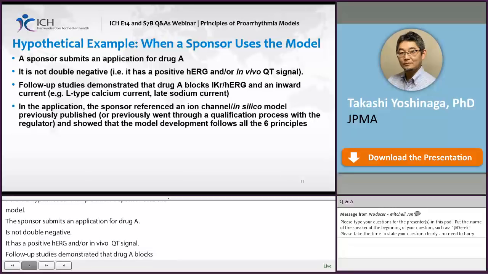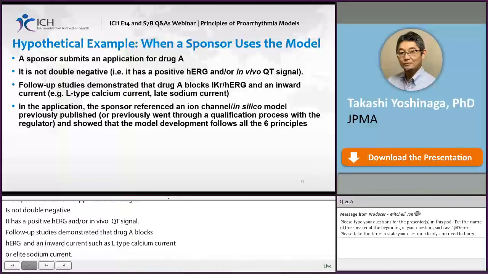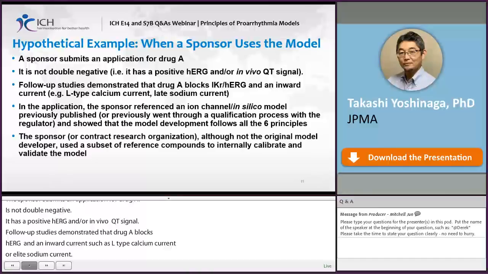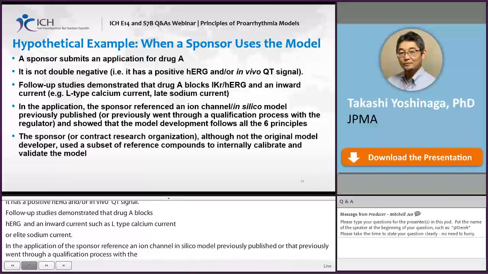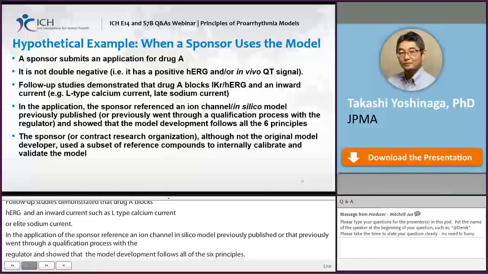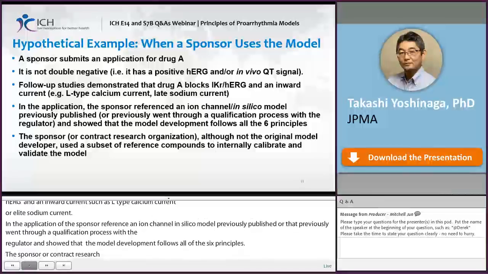In the application, the sponsor referenced an ion channel in silico model previously published or previously qualified through a process with the regulator, and showed that the model development follows all six principles. The sponsor or contract research organization, although not the original model developer, used a subset of reference compounds to internally calibrate and validate the model.